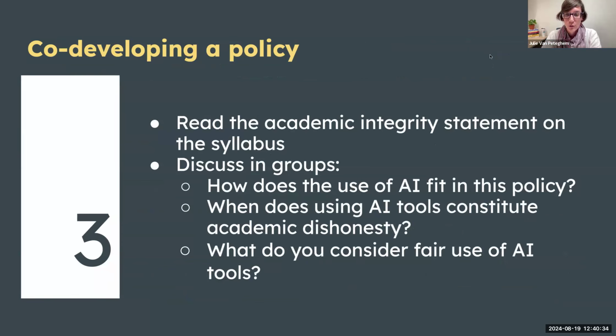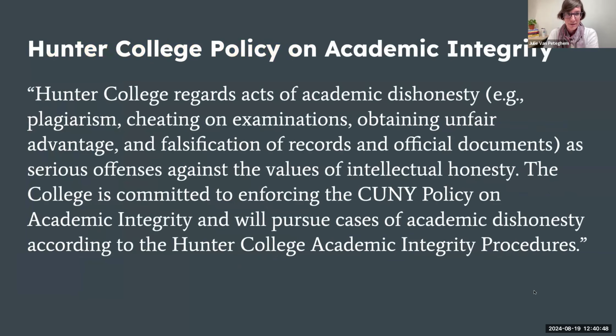How does the use of AI tools constitute academic dishonesty? And what do you consider fair use? So again, this was a conversation in groups and then as a class. And here you have that policy that refers back to the CUNY Academic Integrity Statement. And that's where we landed.